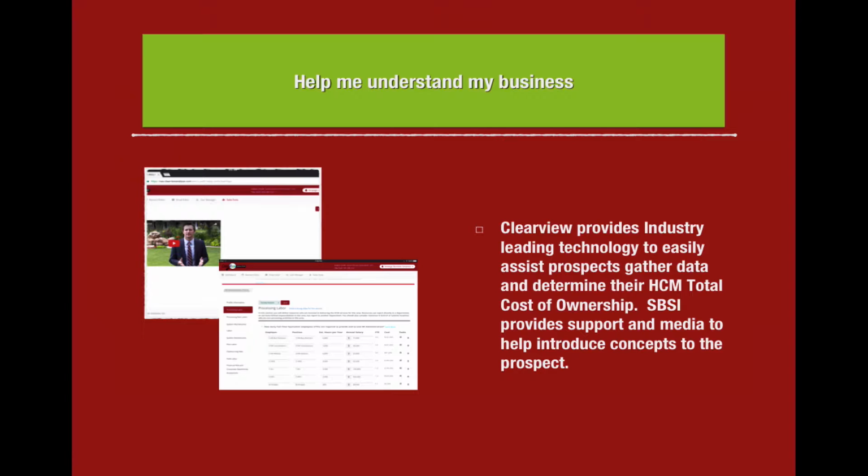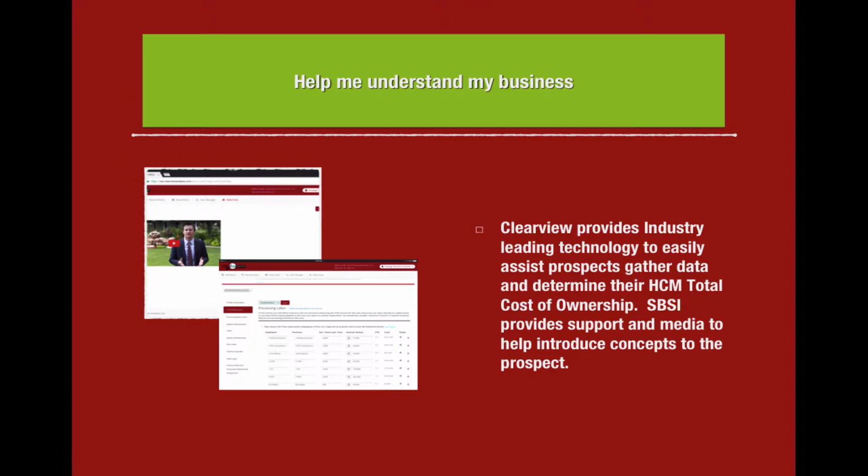It helps them understand their business and where costs are and where spending is, and by understanding that, hopefully we can help them to get those costs under better control or look at things through a different set of eyes.